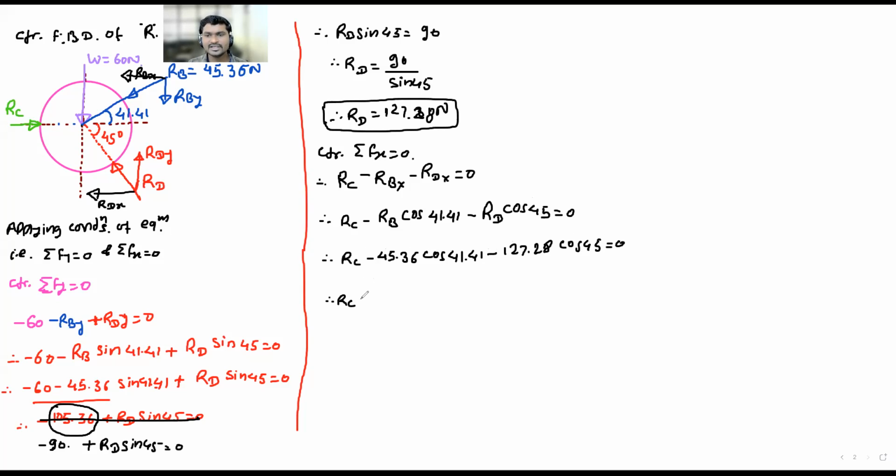Therefore RC minus, do the sum of these two terms. Minus 124.02. Do check it. Yes, sir. Is it correct? Equals to 0. Therefore RC is equals to 124, plus or minus?